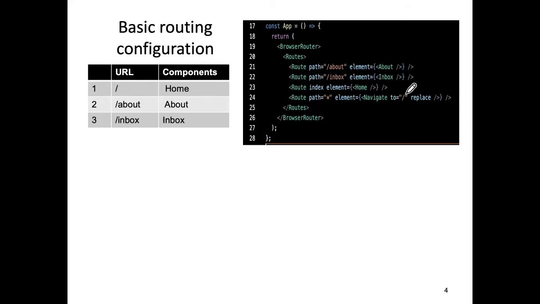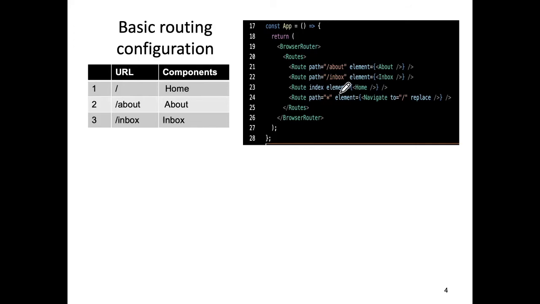Whenever the browser's URL address changes, that's essentially an event. This component reacts to that event, or handles that event. What it does is it goes down through these entries, looking to see which component it should mount onto the DOM as a result of the URL in the browser changing.